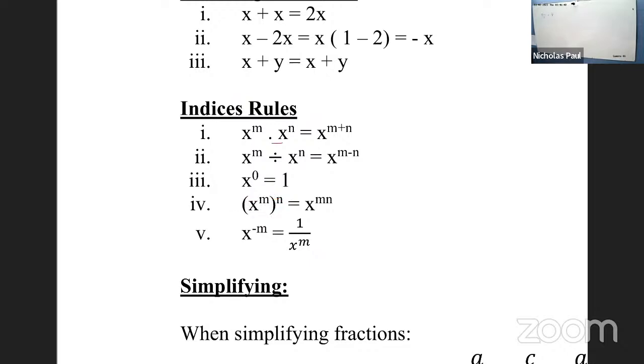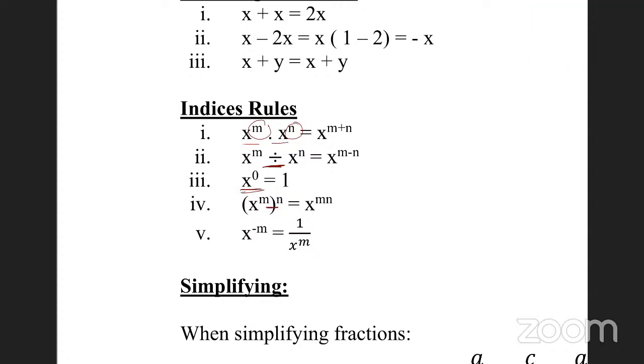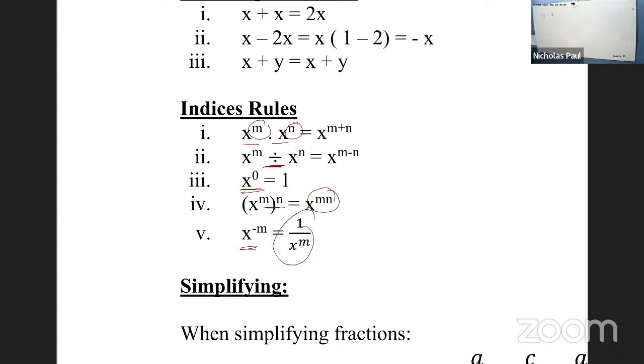Same base, you multiply, or you do the powers, add. Divide, what do you do? Minus. Anything to the power 0 is? Whenever you're raising a power to a power, what do you do? Multiply. And anything to the power of a minus becomes what? 1 over, right?